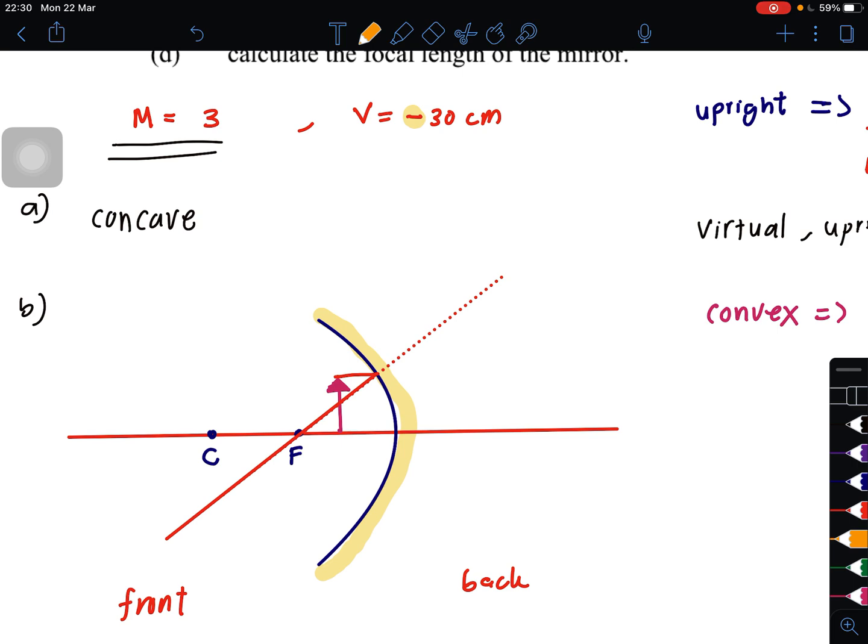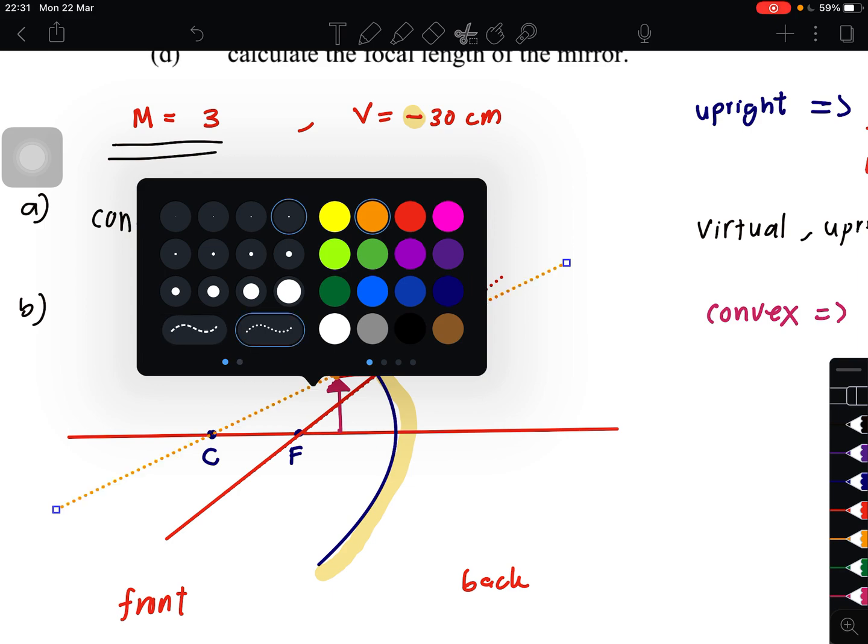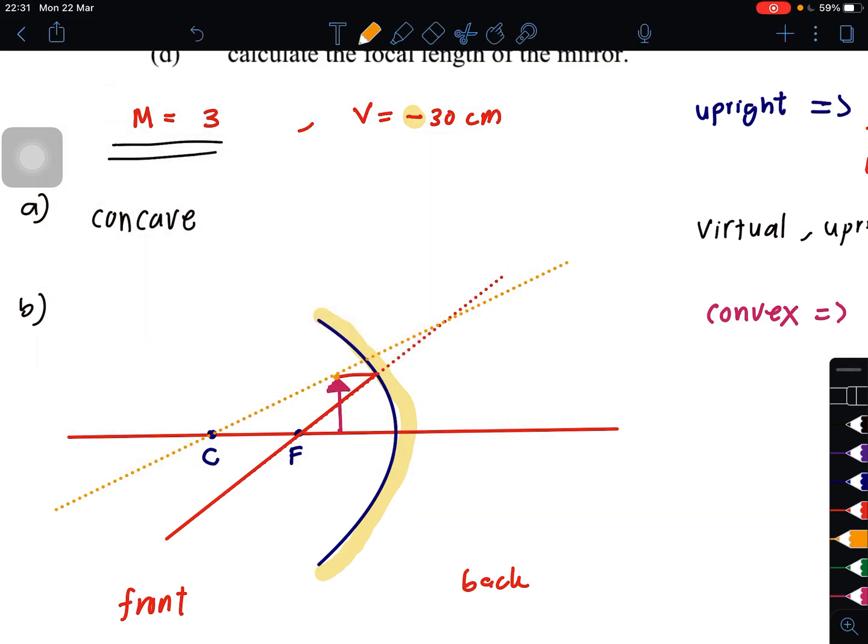So bagi satu straight line, dan straight line ni mesti pass through the center of curvature. Okay, kita akan start dekat titik top of the object. Okay, it will be something like this. And then kalau dekat belakang dia akan jadi dotted line, and then dekat depan cermin ni dia akan jadi one full line. Okay, macam tu.